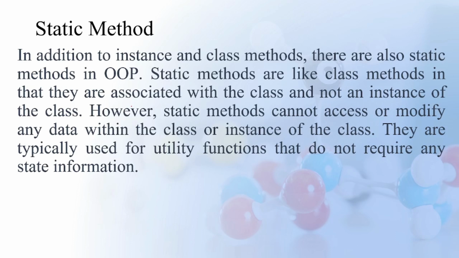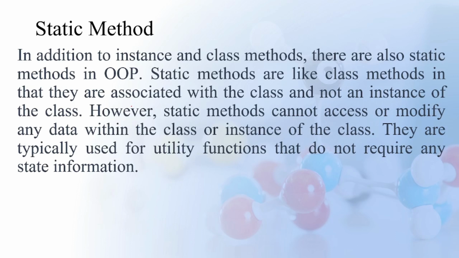So in addition to instance and class methods, there is another one called static in object oriented programming. They are like class methods in that they are associated with the class and not an instance of the class, but static methods cannot access or modify any data within the class or instance.